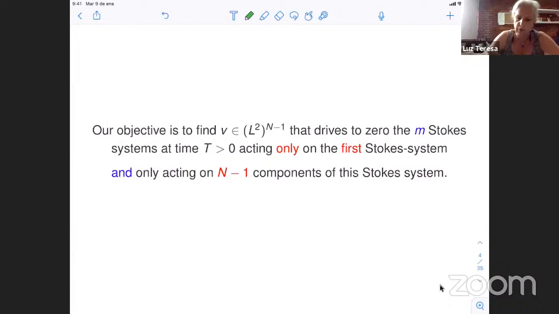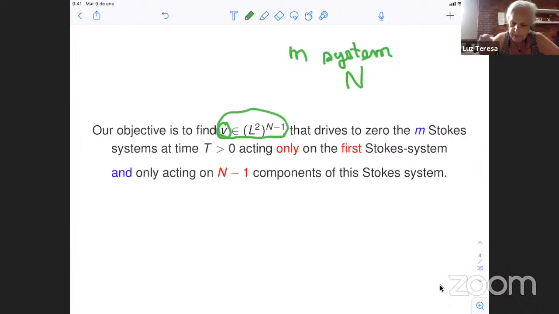We want to act with this control, but remember that we have m systems, and each system is of dimension n. So what we want to do is to act with only one control. In fact, it's maybe two controls, but this control is acting only in one of the m Stokes systems, or Navier-Stokes system.